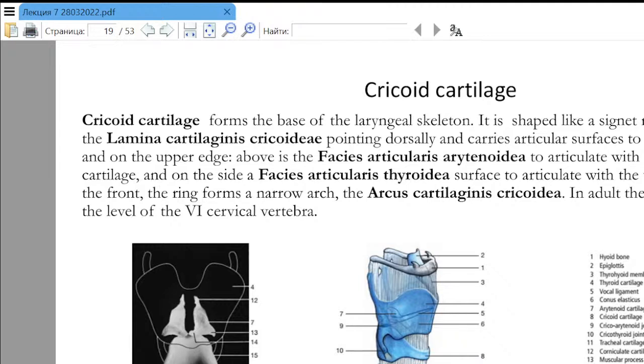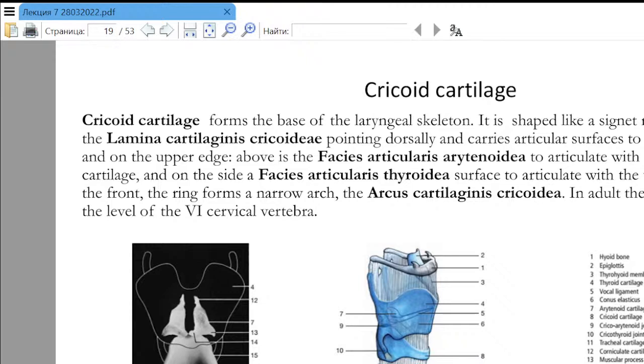It is shaped like a signet ring, with the seal being the lamina cartilaginis cricoideae, pointing dorsally, and it carries an articular surface on the right and left side of the upper edge.